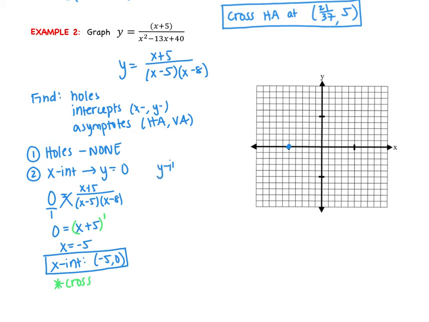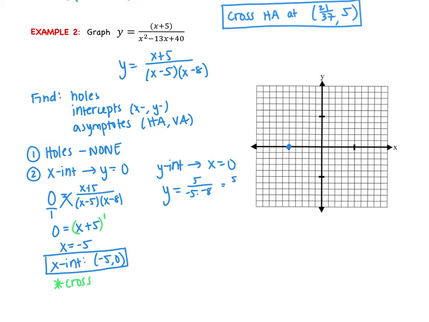The y-intercept is when x is 0. So we are going to use our equation and plug in a 0 for x. In the numerator, we're going to get 0 plus 5. So that's just 5. In the denominator, 0 minus 5 is negative 5. 0 minus 8 is negative 8.